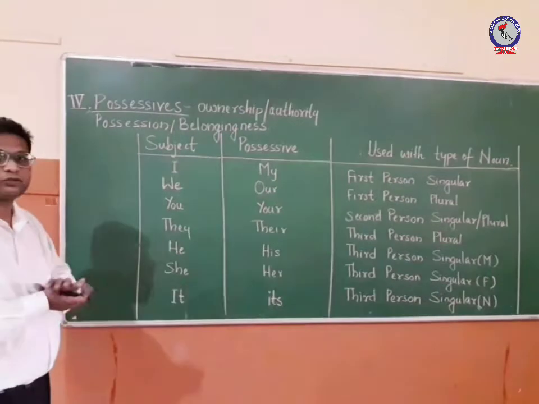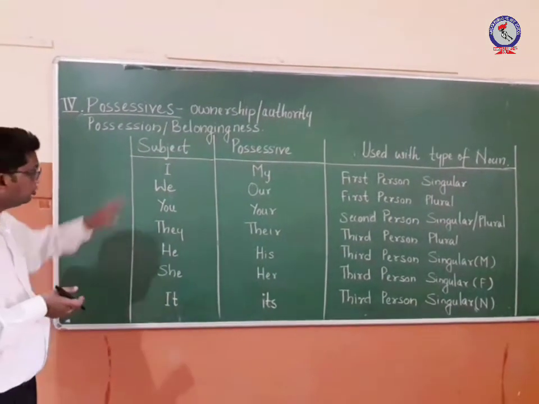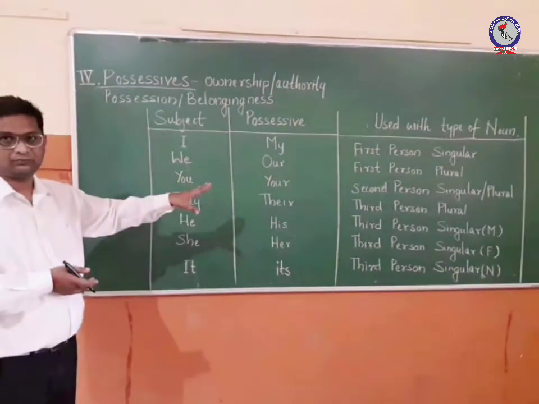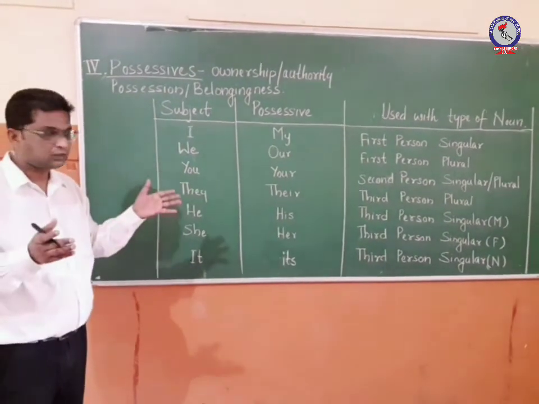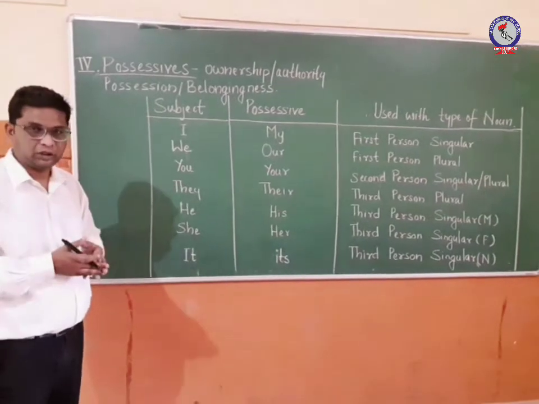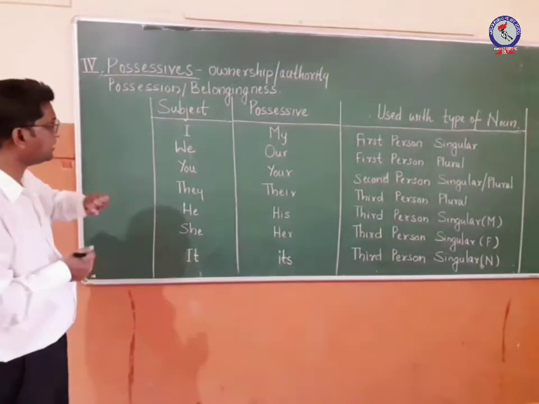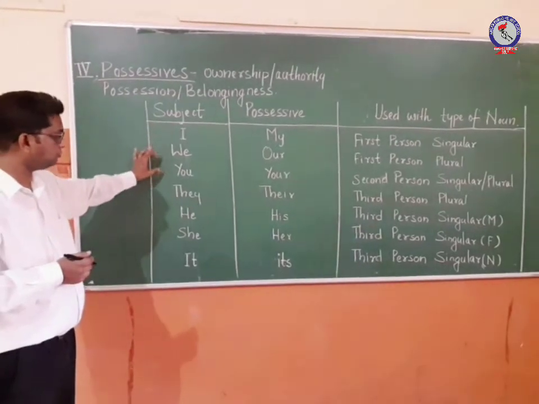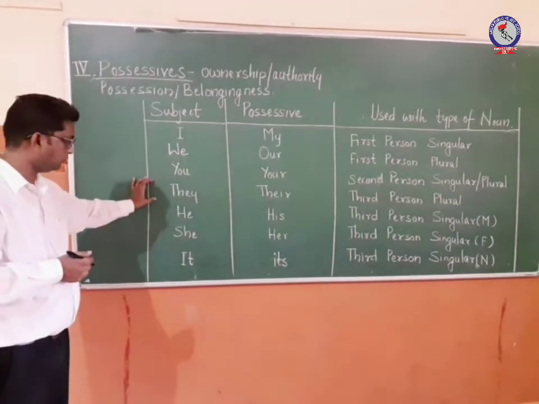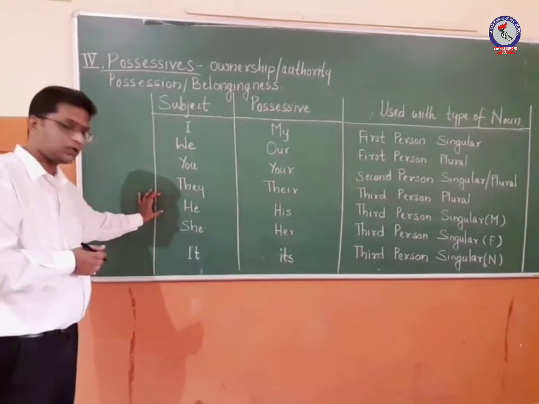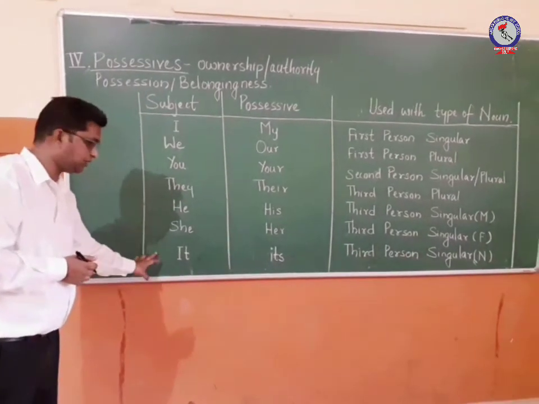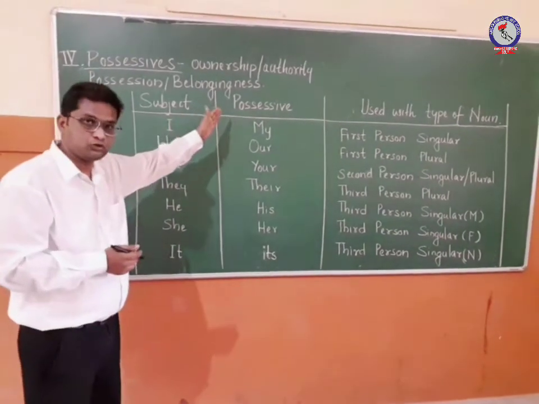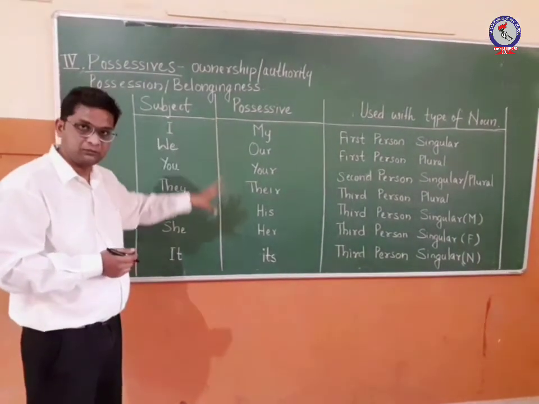Now it is used according to the subject or the thing. Sometimes it is singular, sometimes it is plural. So let us see the subjects: I, we, you, they, he, she, it. These are the subjects with which we can use the possessive determiners.